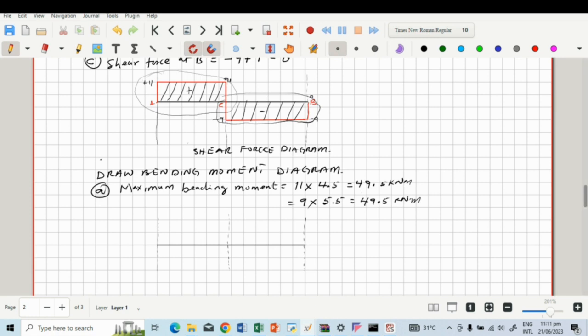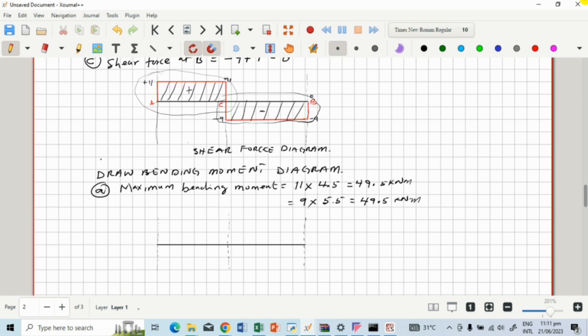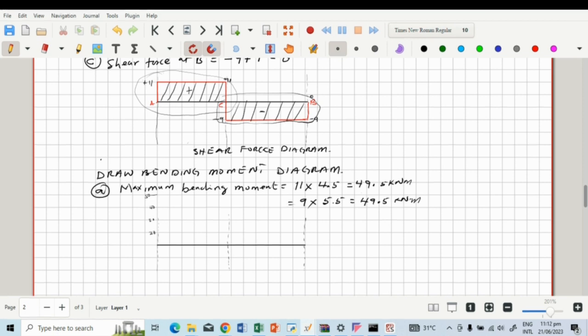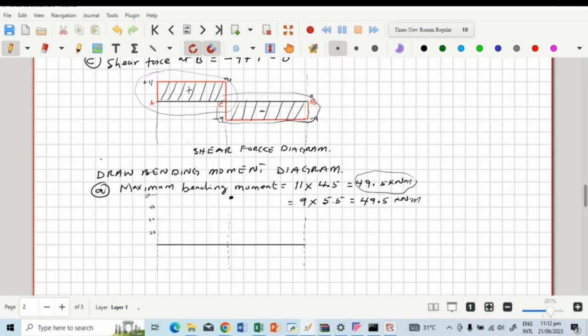Our maximum moment was 49.5. If we label this axis, the magnitude is 49.5 and the distance is 5.5. So at this point here, correlating it to the vertical axis, it will be somewhere here, right? So we'll have it this way at this point here. Then we draw a line and then we draw another line to that point. So that will be the bending moment diagram, and this will be positive.